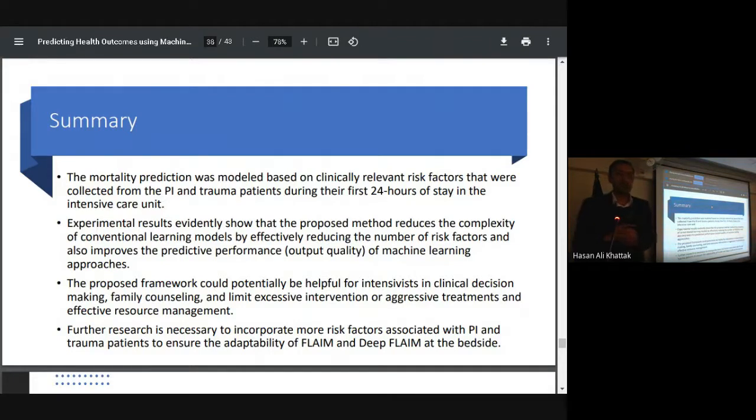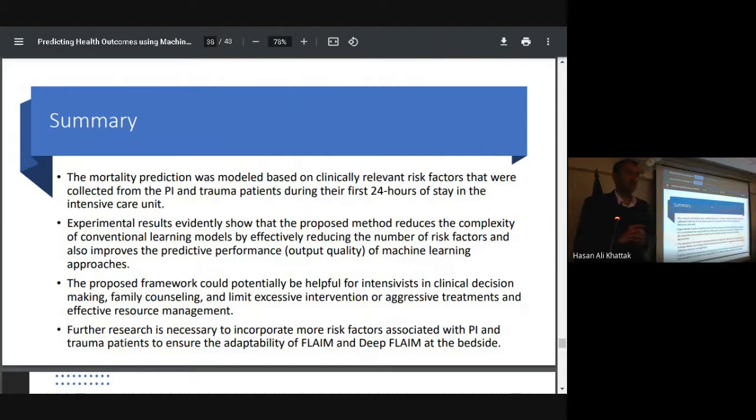Further, we believe further research is necessary if we want to incorporate more risk factors associated with PI and trauma patients, to ensure the adaptability of FLIM and DFLIM. The part we are mainly working on is explainability.